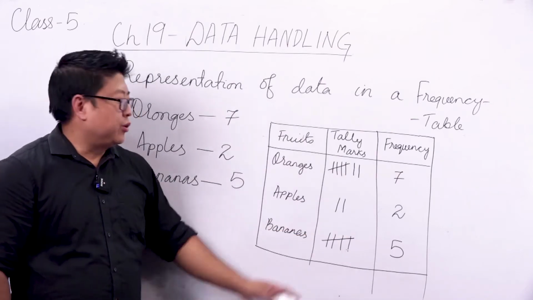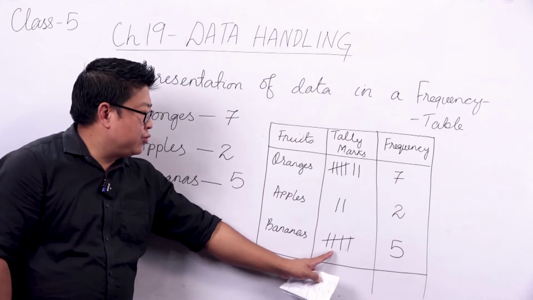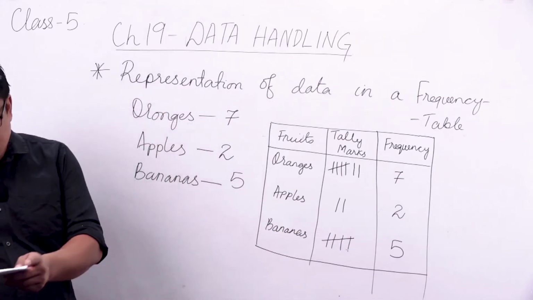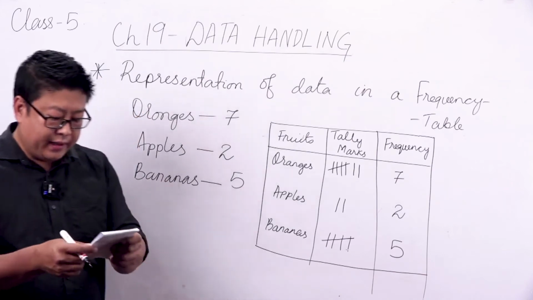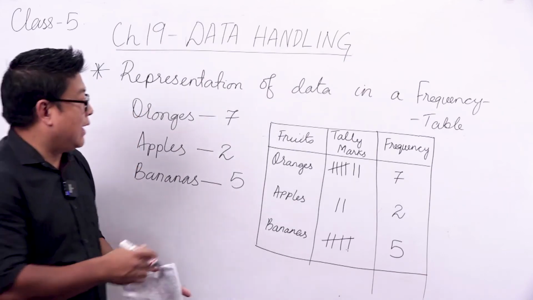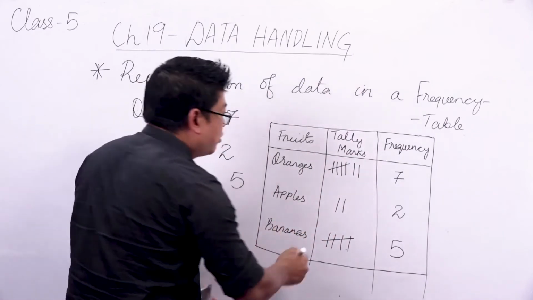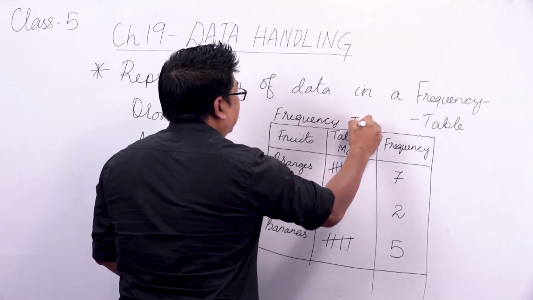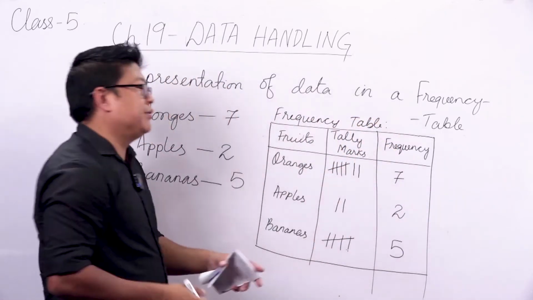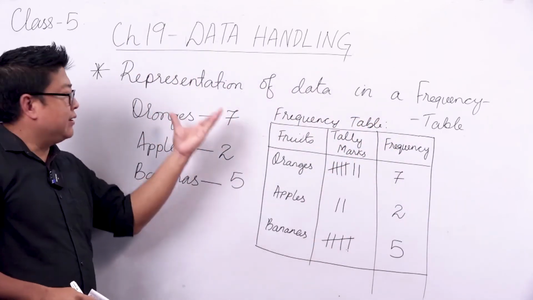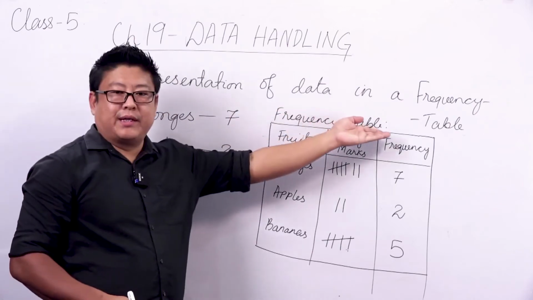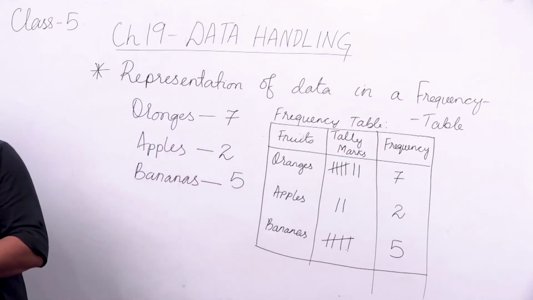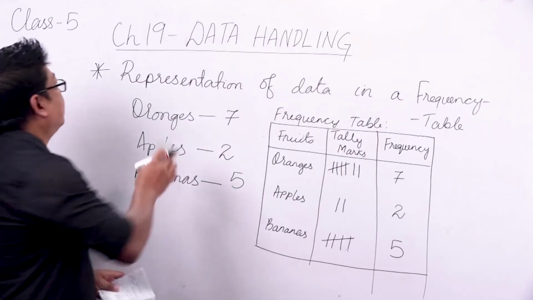This is your frequency table. Whenever a question comes in this manner, where data is given and they ask you to draw the frequency table, this is how you will do it. Okay, children? This is the first topic that we learned today.